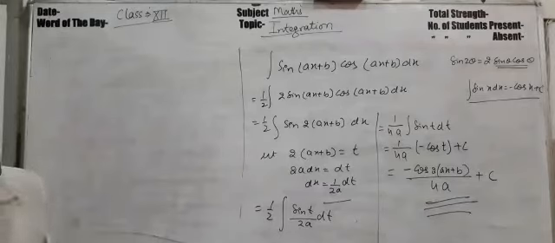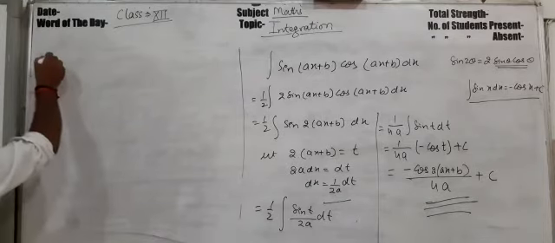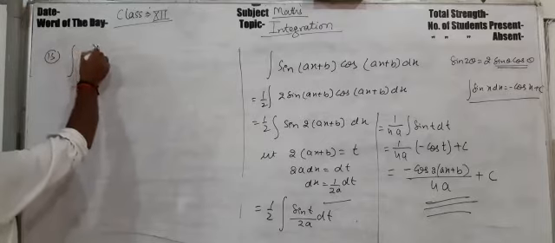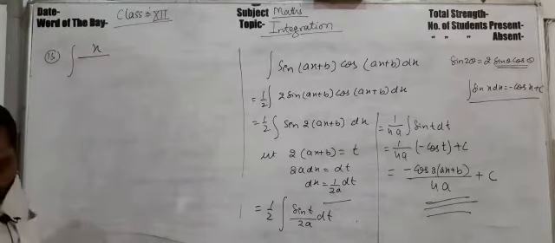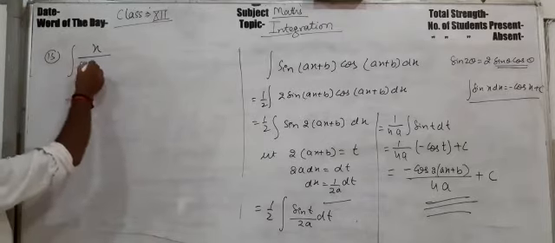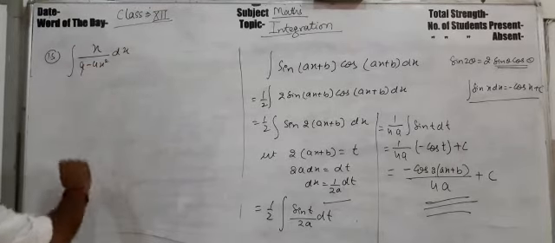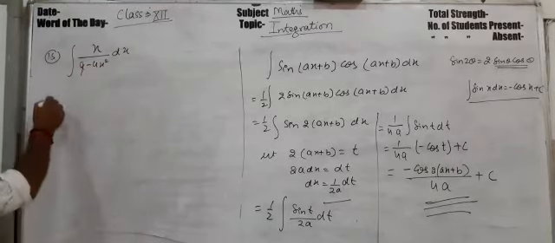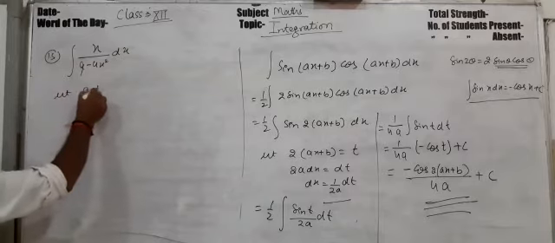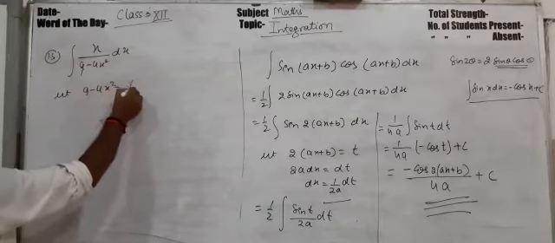Now let us discuss the 15th question of 7.2 of NCERT. The 15th question gives: integrate x upon 9 minus 4x square dx. So we substitute 9 minus 4x square as t.